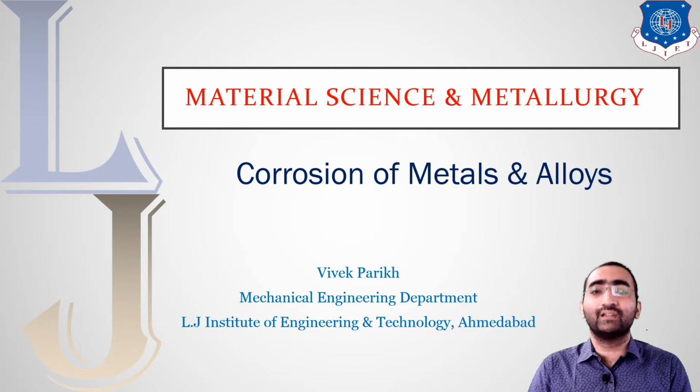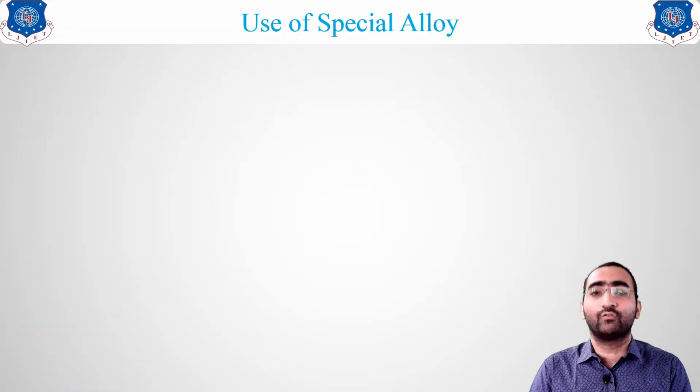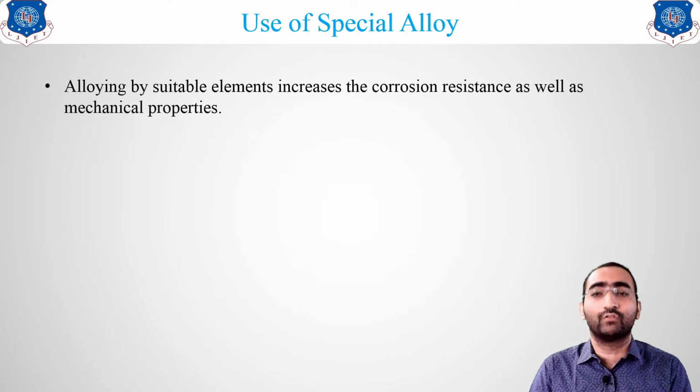So in this lecture we will be going through the remaining methods for the prevention of corrosion. The third method is known as the use of special alloys. That means by adding a special alloy inside the material, we can save that material from corrosion. That means alloying. Now what do we mean by alloying?